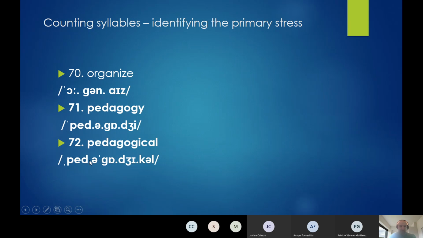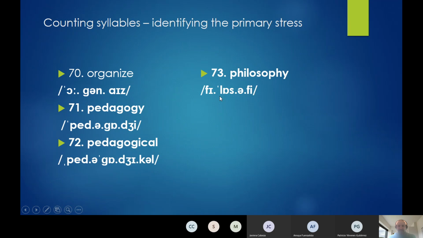As a reminder, how do we know the number of syllables? Because we count the number of vowel sounds. Pedagogy has 1, 2, 3, 4 vowel sounds, therefore 4 syllables. The next word is philosophy. Philosophy has 4 syllables, and the stressed syllable is the second one.